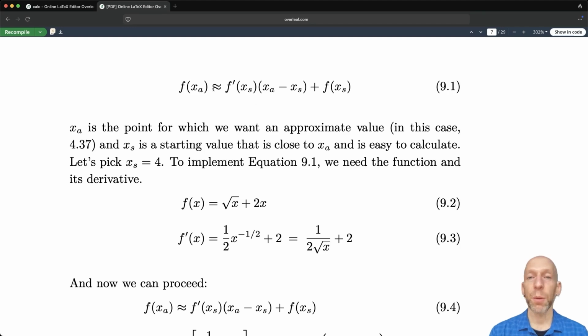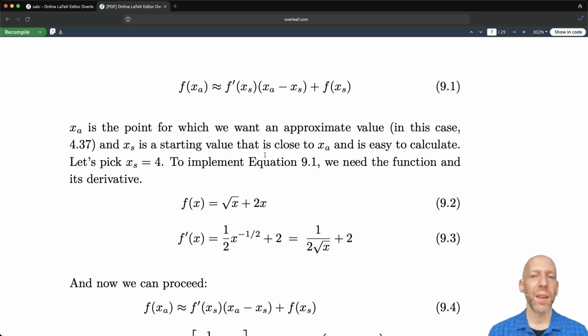Here is the formula for the linear approximation that I just mentioned. f of the value that we want to approximate the function at, x sub a, is approximately equal to the derivative of the function evaluated at the starting point times delta x, basically the difference between the approximation value and the starting value, plus the value of the function at the starting value.